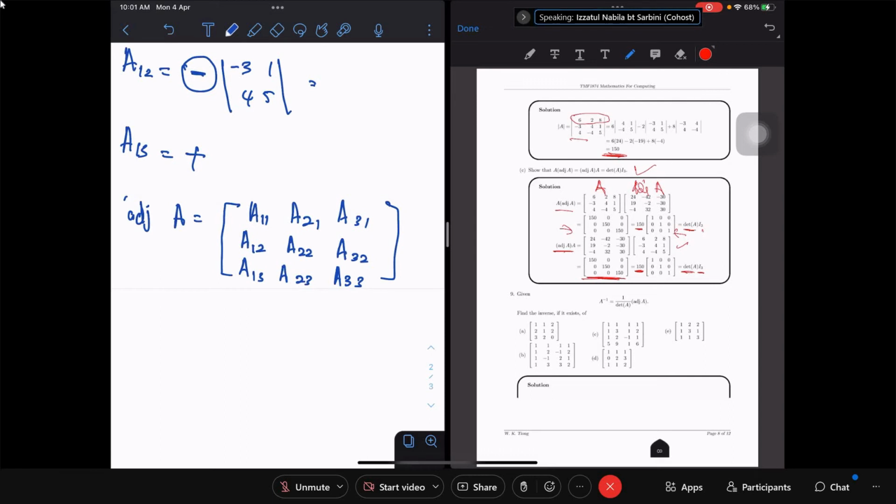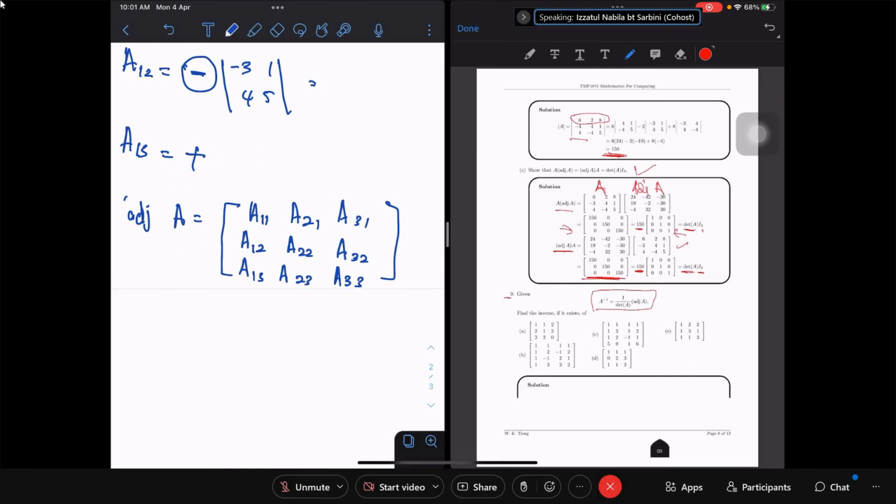Okay, now for the inverse. For the inverse, we have this formula here: inverse A is equal to 1 over determinant times adjoint A. Okay, this is the formula for inverse.